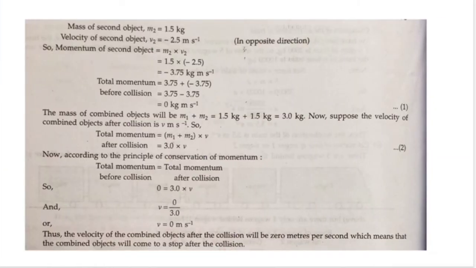Now we will calculate the momentum of second object, that is m2 into v2. Substituting m2 as 1.5 and v2 as minus 2.5. Remember, here the minus sign is the opposite direction to the first one. That equals minus 3.75 kg meter per second.